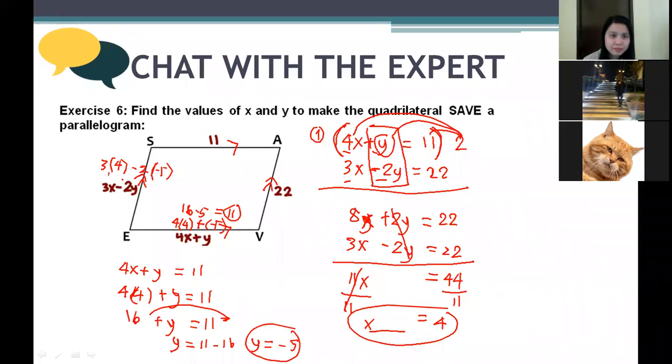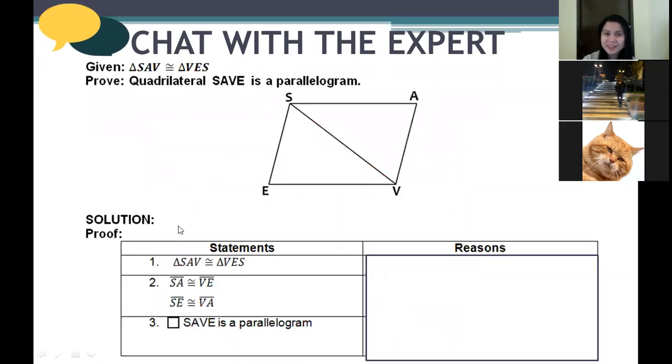That's 12 plus 10. The answer is 22. So they are equal. It means that this is now a parallelogram. Questions? No questions? Let's go to the last one.